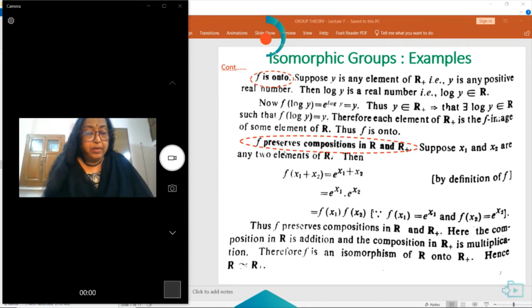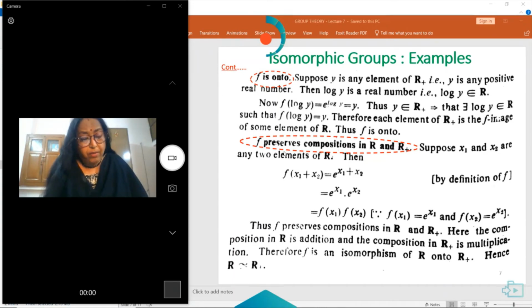Now, to prove that f is onto, let y be any element of R plus. That is, y is a positive real number. Log y is also a real number. So for every log y belonging to R, consider f of log y. Mind it, log y is a real number.